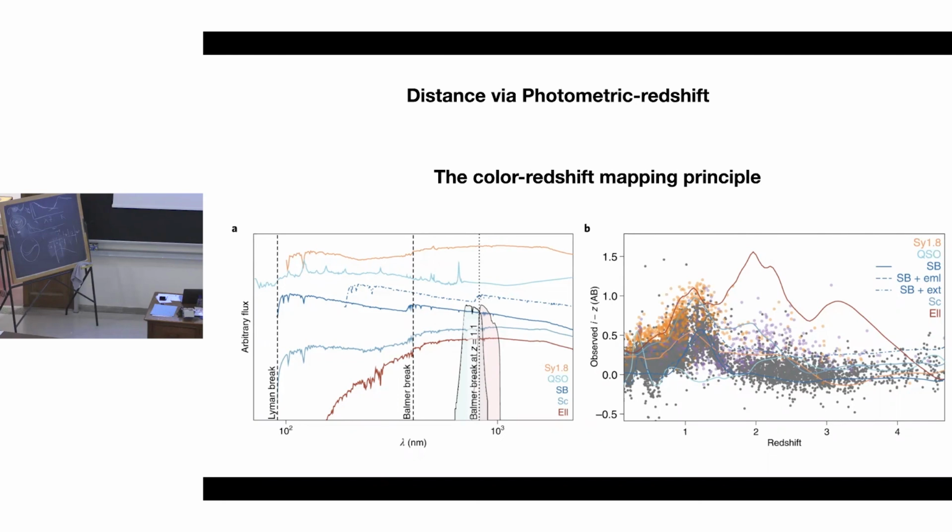So you have that an object is defined by the host, and the host is defined by the amount of gas, the amount of dust, and the type of object.